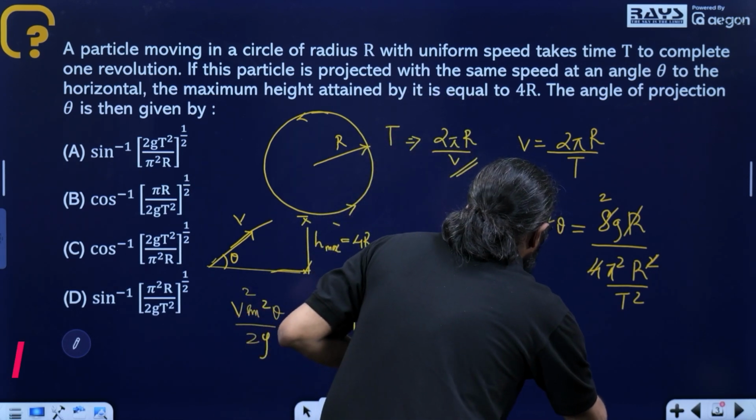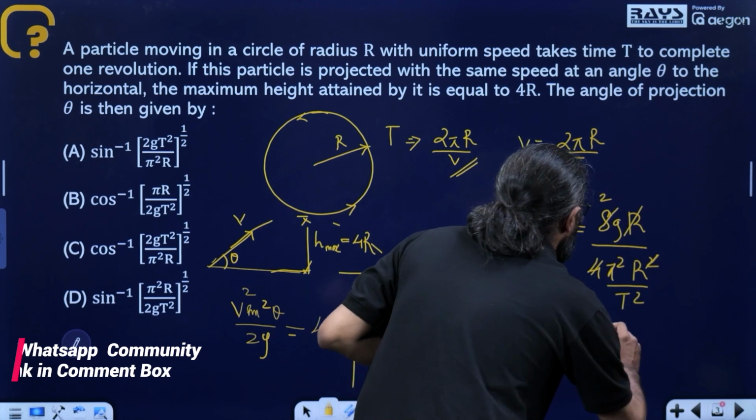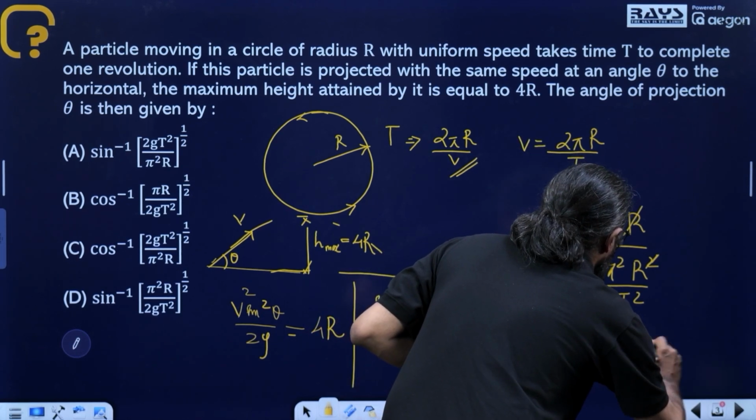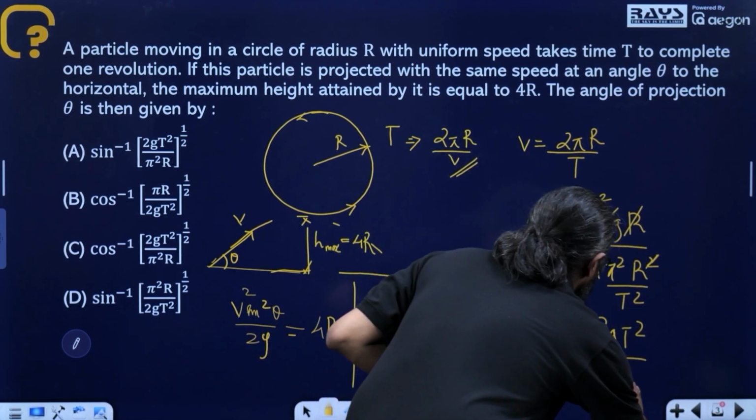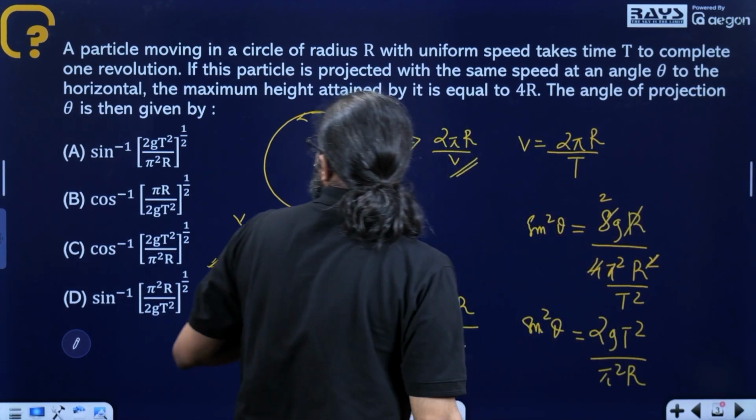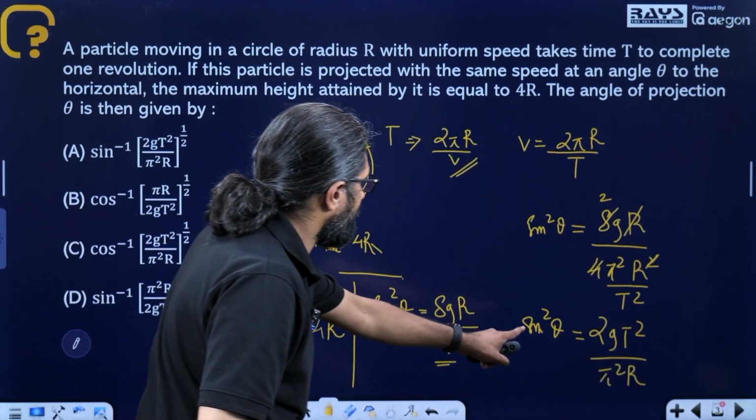So we have sine square theta is equal to 2g t square divided by pi square r, which basically means sine theta will be root of this.